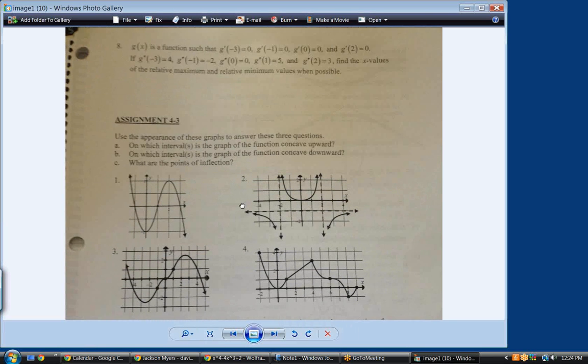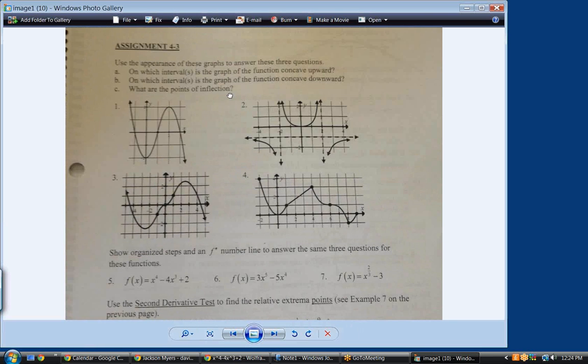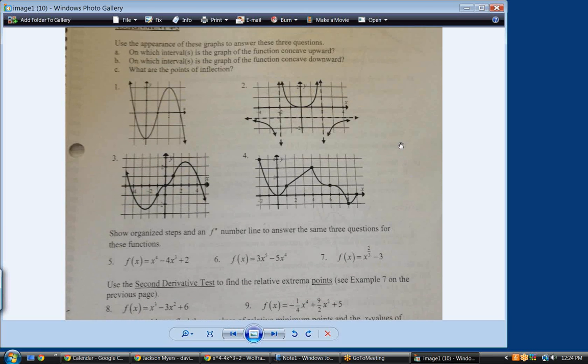Okay. All right. Which problem are we looking at or want to look at? Okay, I see here. Here's the first one we did, was 5. Oh, and this one says use the appearance of the graph to answer these 3 questions.